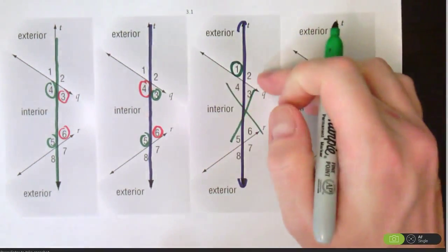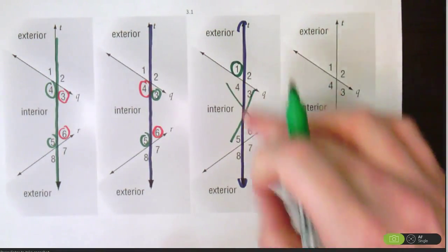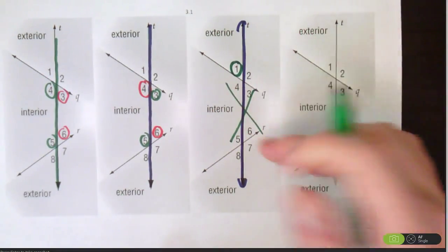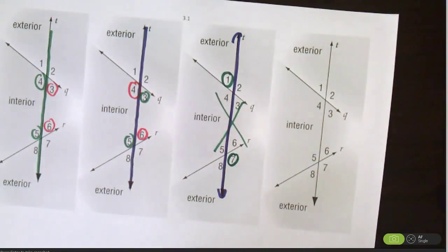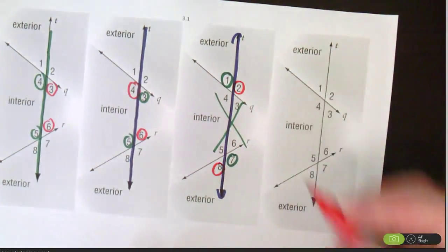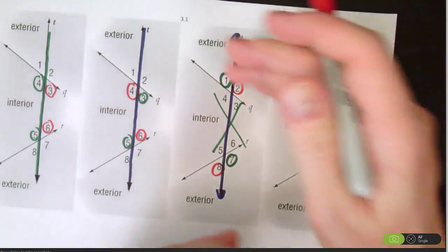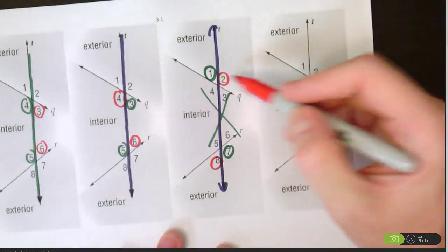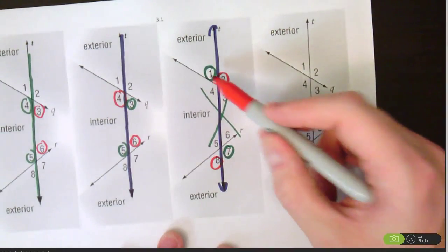Now I need to be on the opposite side of the transversal, outside, and not adjacent to it, so that gives us 7. And that leaves for us the other pair, 2 and 8, because again, outside the two lines, opposite sides of the transversal, but not adjacent.